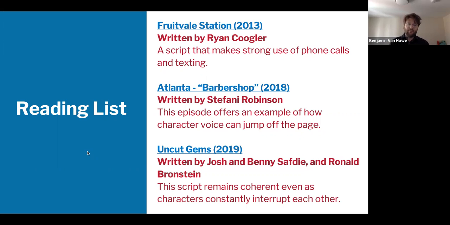And with Uncut Gems, that's a script where characters are talking over each other, interrupting each other, but it still remains coherent, consistent, easy to digest. These are all great works of TV and feature writing. So good idea to dive into it anyway.